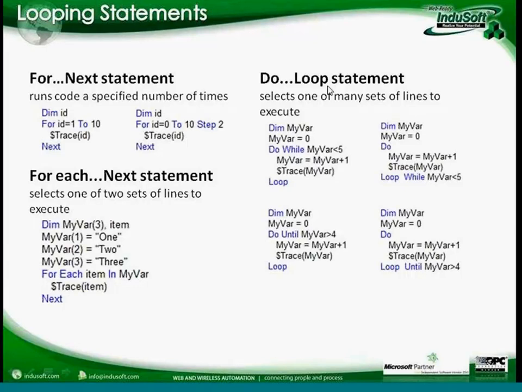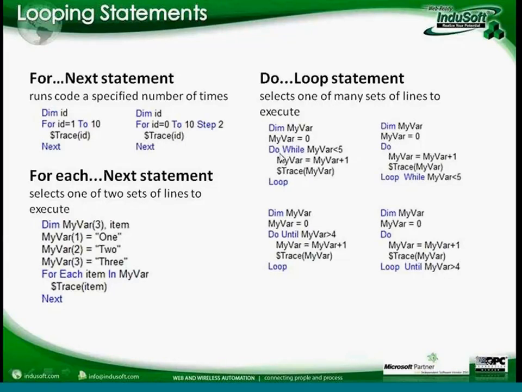Do loops. The do loop statement allows you to loop for an unknown, or at least for an undefined number of times. For instance, if you want to loop until a condition happens or while a condition is true, then you can use the do loop statement. You have 4 variations.